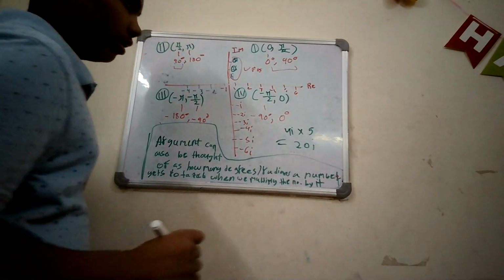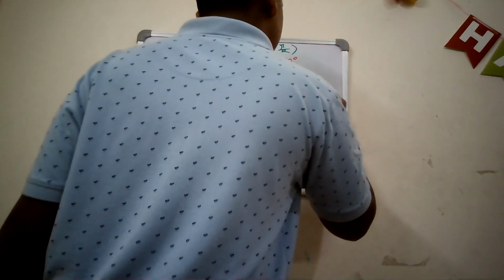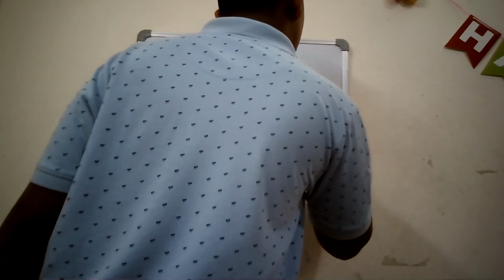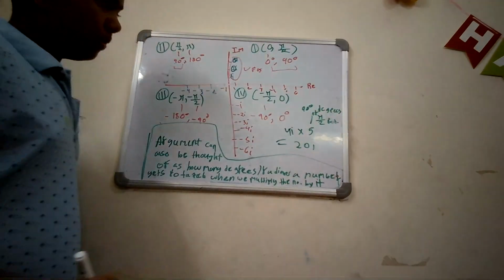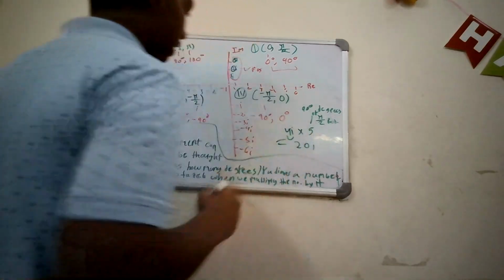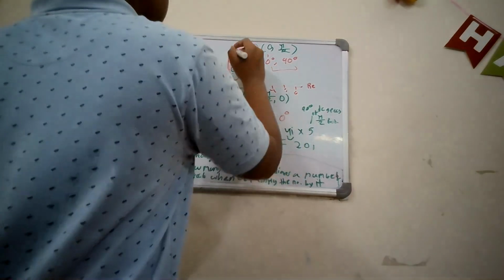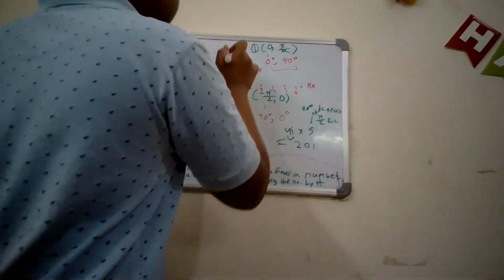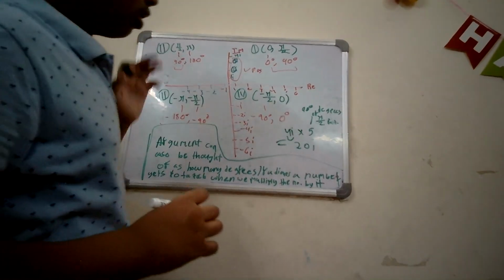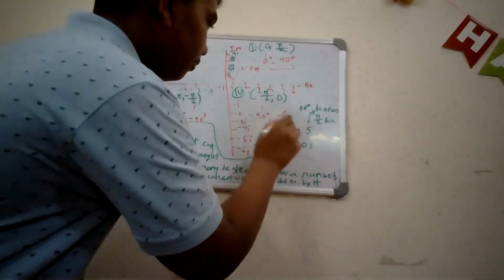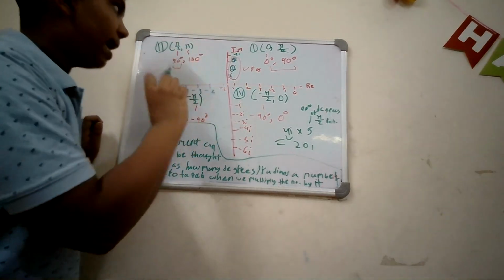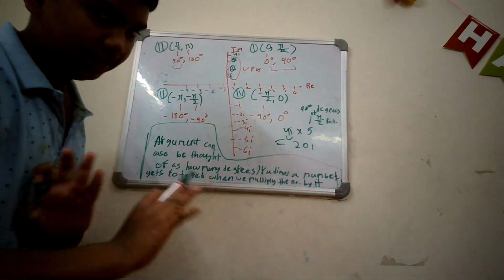So this means 5 is being rotated 90 degrees, right? Or pi by 2 radians. Okay? But 4 is just scaling it, because if you land on 4i, suppose this is 4i, and I multiply 4i by 5, we're still going to stay on the positive imaginary axis, right? We're not going anywhere, right?